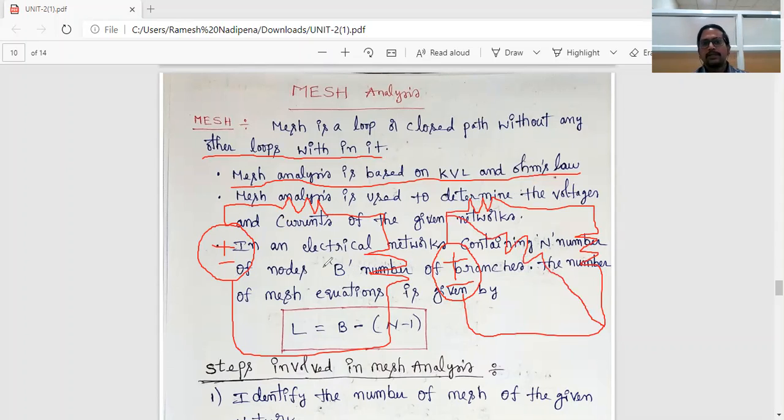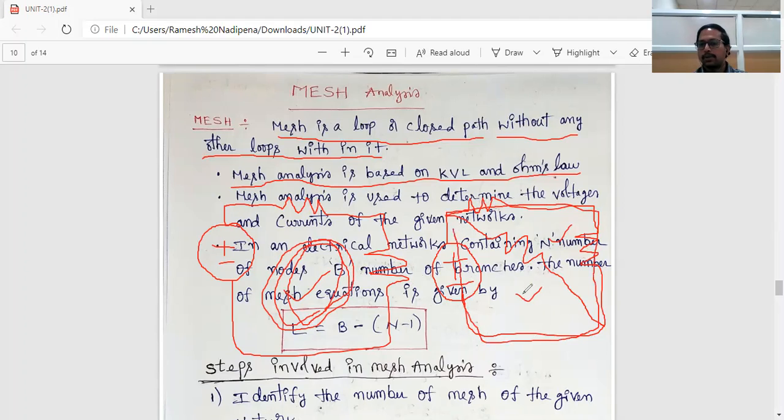Now see, a mesh is a loop or closed path. Here a closed path is there, here also a closed path is there, without any other loops within it. Here there is no other loop inside this loop. But here this is the outer loop, and inside this loop two other loops are there.